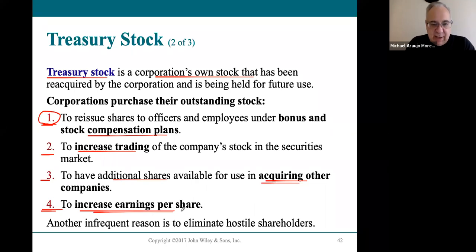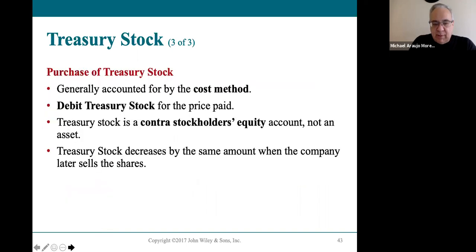If there's less shares out there, then each share gets more of the earnings. That increases earnings per share. Okay. So there's lots of reasons why corporations buy their own stock, and those are some of them. So again, the purchase of stock by the corporation is dictated by the cost method. Whatever they paid for the stock is what the cost is.